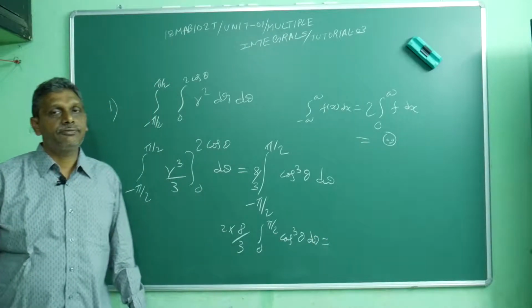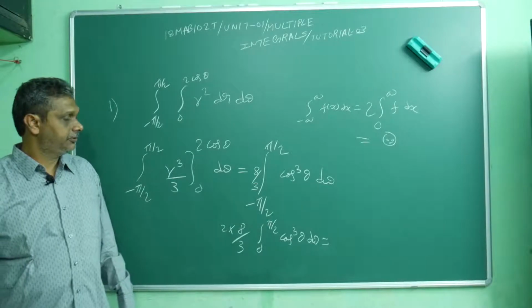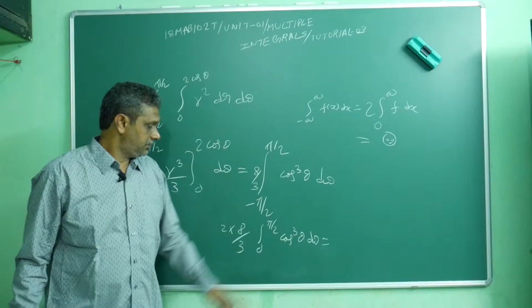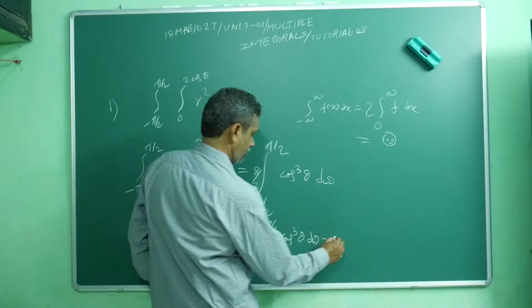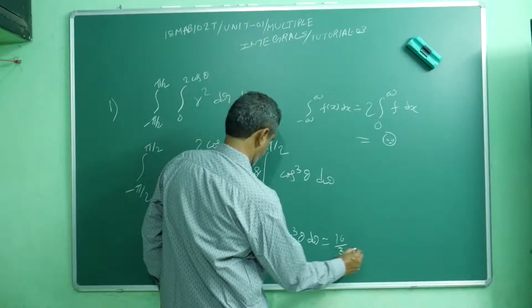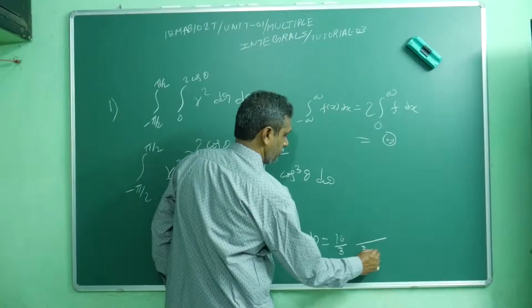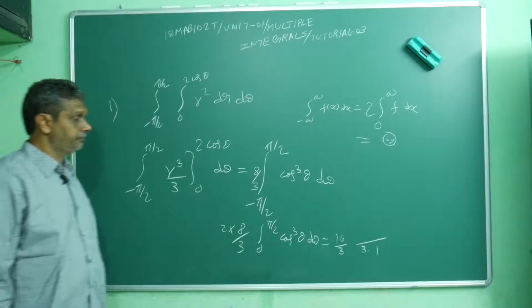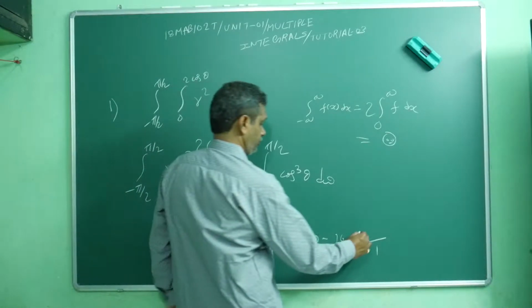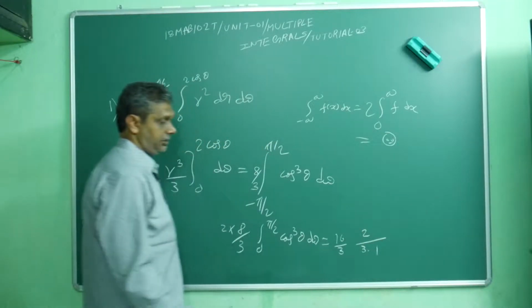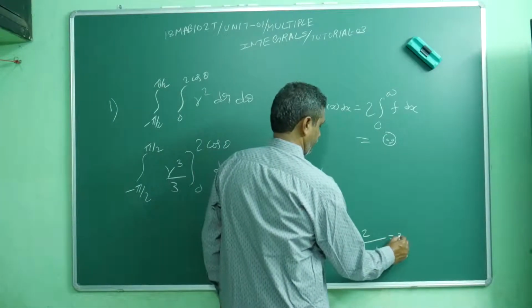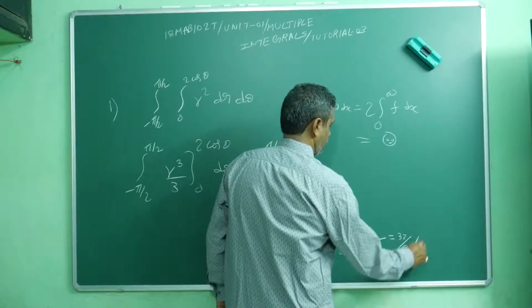Even power means finally you multiply by pi by 2, but it is not an even power, so how can I write this? 16 by 3, start with 3 in the denominator, 1, don't go for negative values, don't write the 0 also. Then the numerator will be 2, correct or not? So that is 32 by 9.